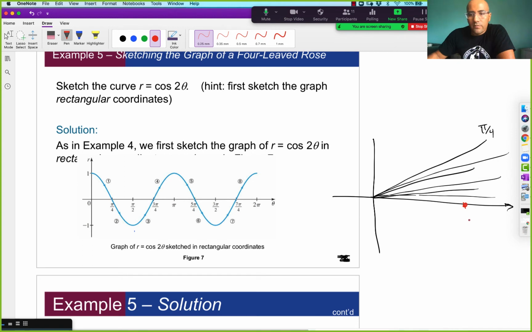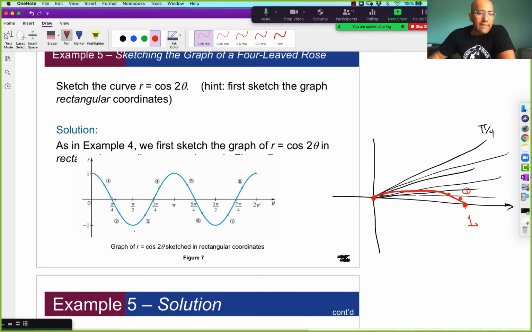So here's 1 unit, here's my first one. And then they slowly get smaller and smaller until at pi over 4 they go back to 0. The next one's going to be a little smaller, then a little smaller, and then a little smaller. So I end up with something that looks like this in that first little space. This is that first little value right there.